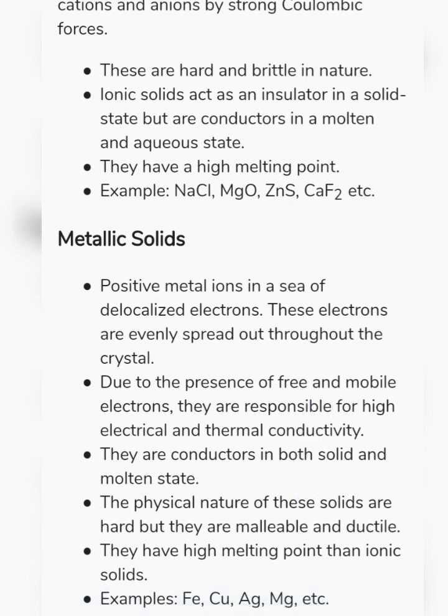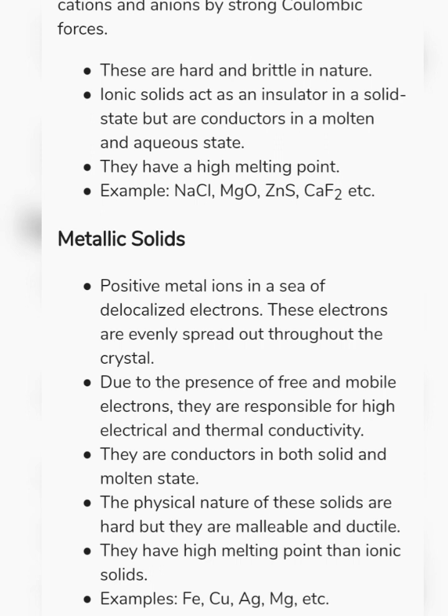Metallic solids. Metallic solids consist of positive metal ions and a sea of delocalized electrons. These electrons are evenly spread out throughout the crystal. Due to the presence of free and mobile electrons, they are responsible for high electrical and thermal conductivity.